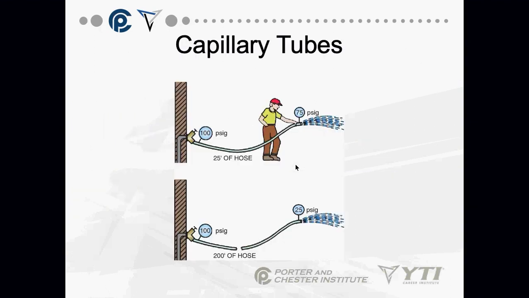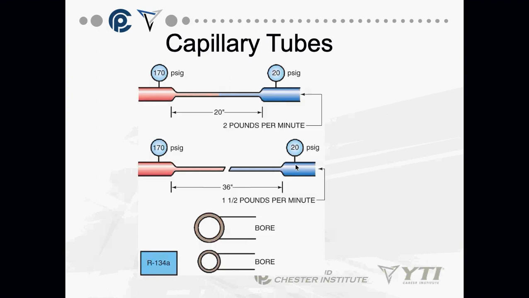So when you think about those things, a cap tube is just like a garden hose. I'm not going to have as much of a pressure drop with a 25-foot piece of hose as I'm going to have with a 200-foot piece of hose. The longer the hose, the greater the pressure drop. And again, the difference in the bore, the inside diameter, is going to give me different pressure drops and different flow rates.